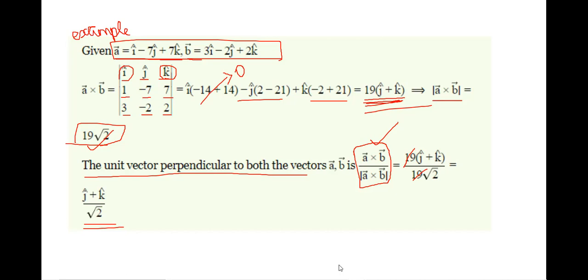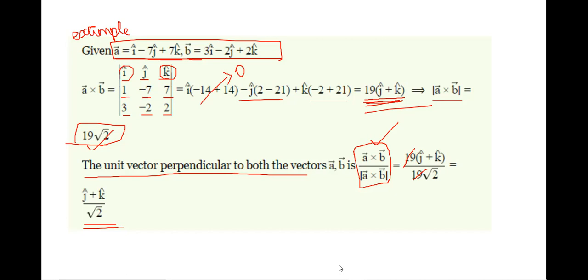This is how we judge whether a vector is a unit vector or not. Once you substitute these values in the formula, we will know that the magnitude of v is not equal to 1, which means this is not a unit vector.